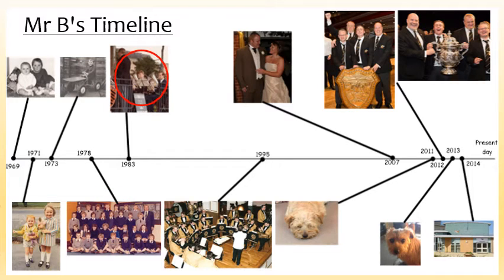This is me in the first brass band I ever played for, aged 14. Another brass band, aged 26. Here's a picture of me and my wife on our wedding day.